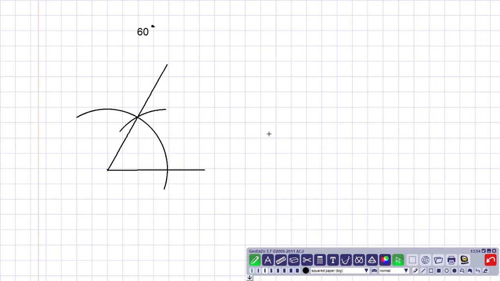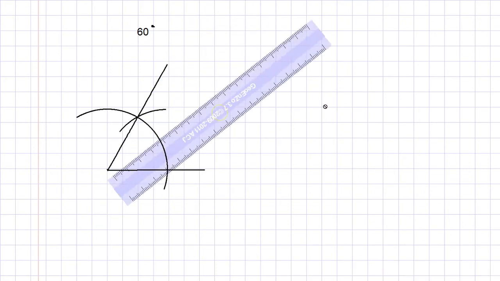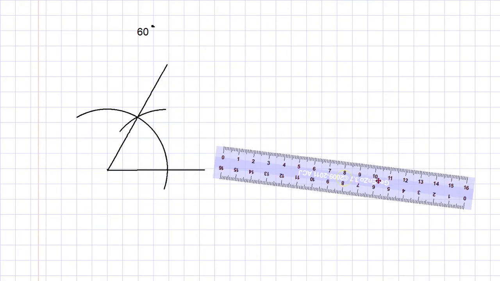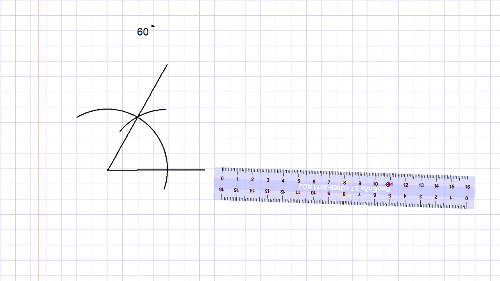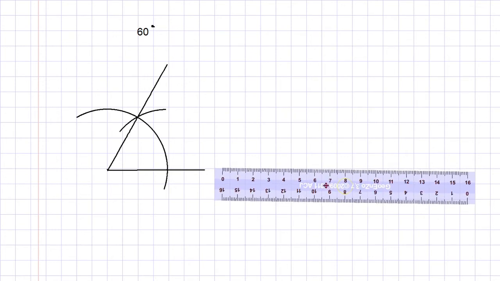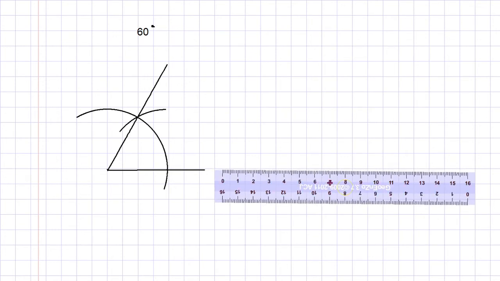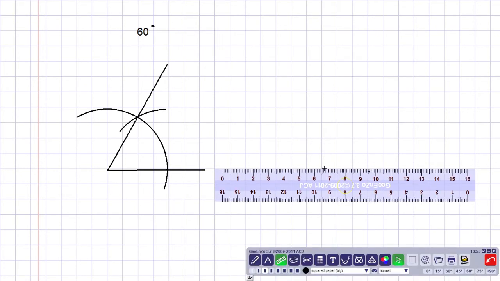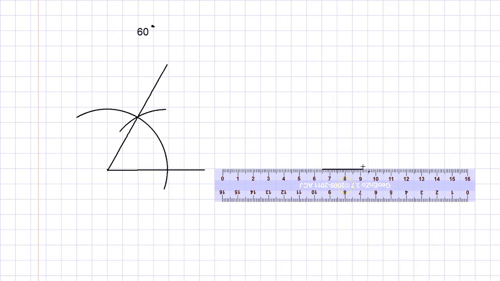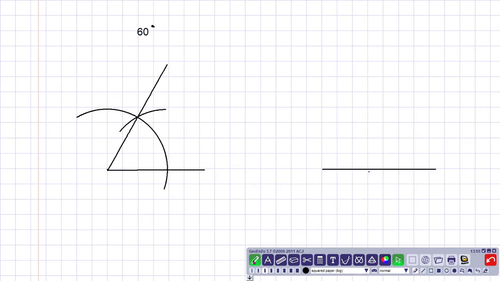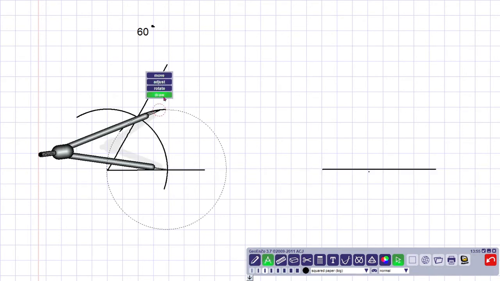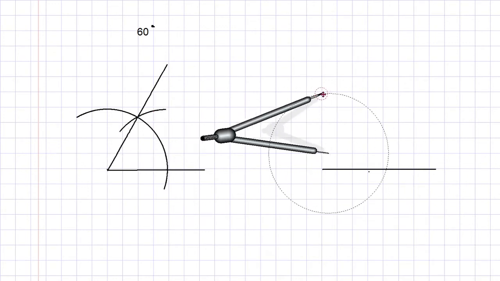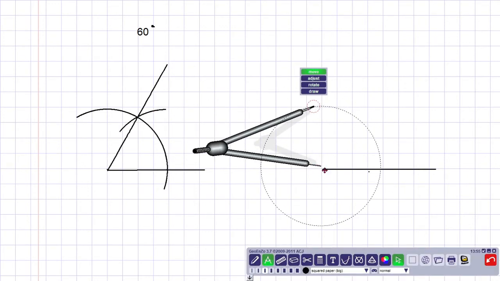Now let's construct a 120 degrees angle. 60 multiplied by 2 is 120. Therefore, to get 120, you have to get two 60s. Let's draw a 60 degrees angle first. Draw this straight line. Now take the compass. Place the tip of the compass here.